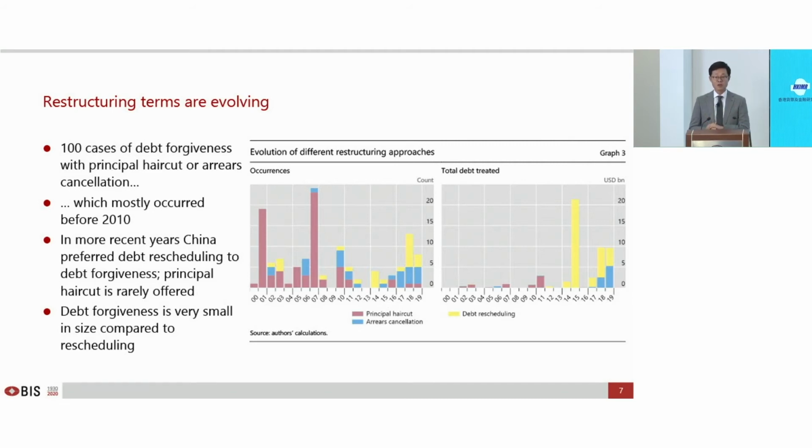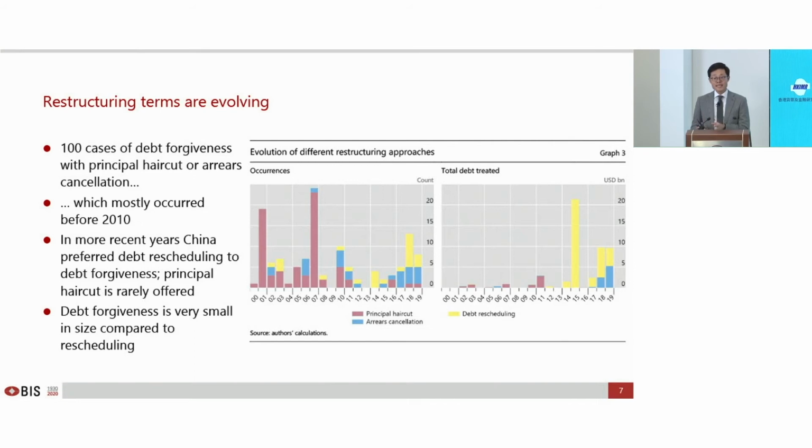Those are arrears cancellations, represented by the blue bars. But altogether, one message I want to send is that China has provided, in many cases, nominal debt treatment, with haircuts. However, those cases rather occurred before 2010. I will show you a bit why this is the case.